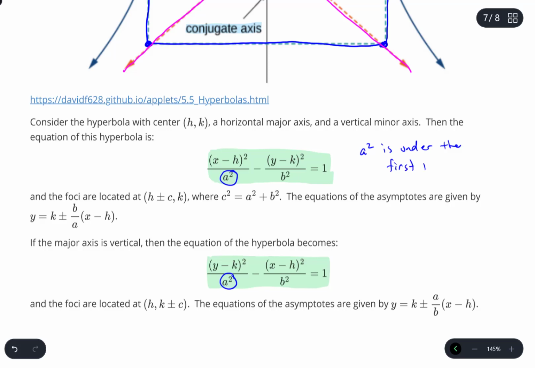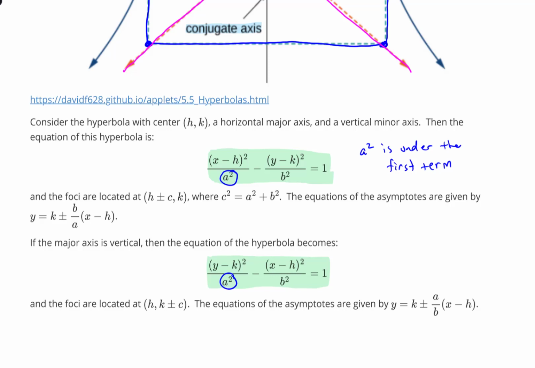In an ellipse, sorry, it's hard to write and say at the same time. In an ellipse, a squared is the largest value, and whichever value that's under, that tells you if it's opening on the major axis or is horizontal, or the major axis is vertical.